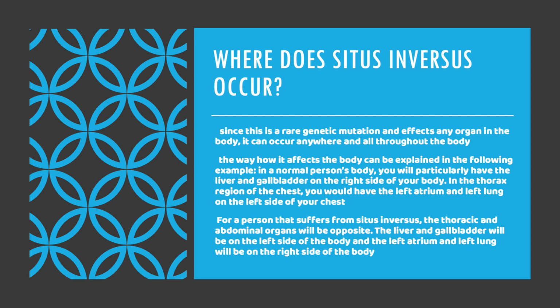And for the thoracic region, the left atrium and the left lung will be on the right side of the body in a person that has situs inversus.